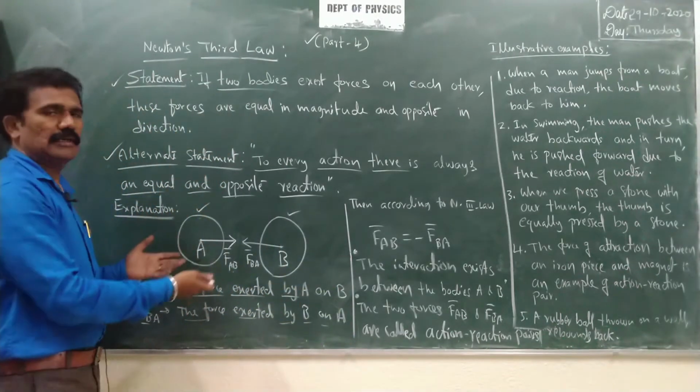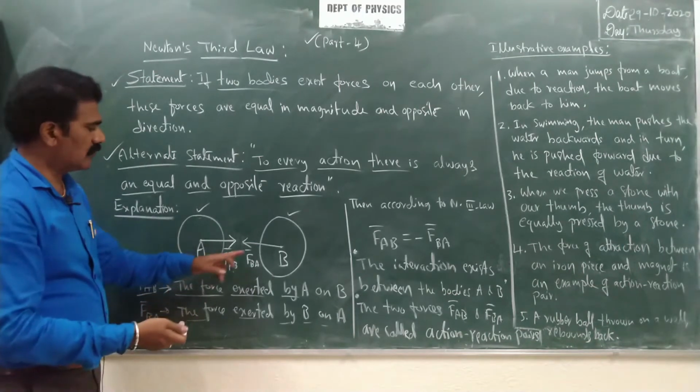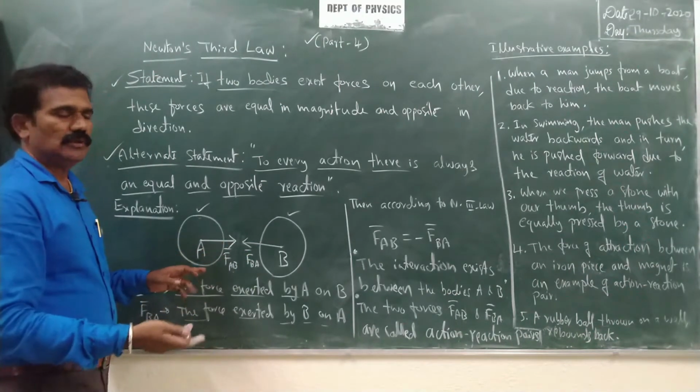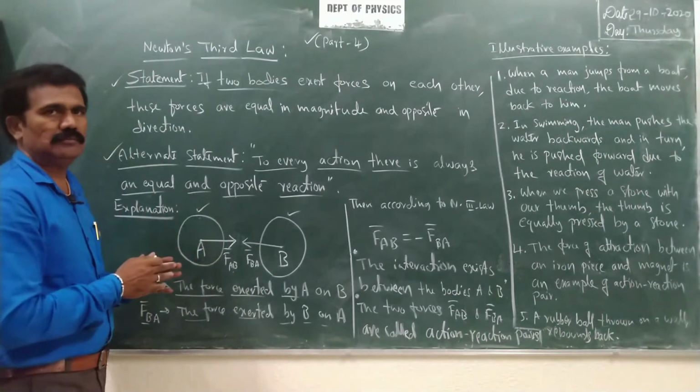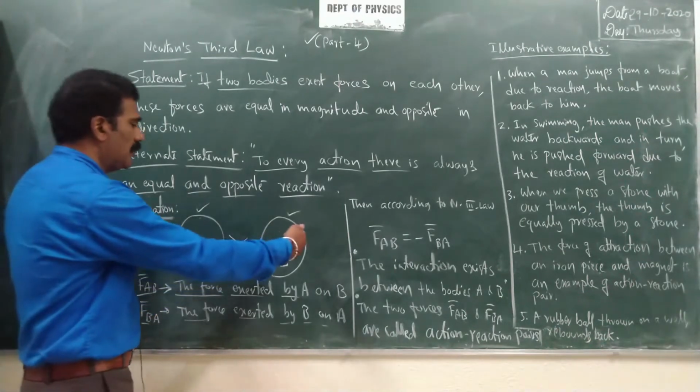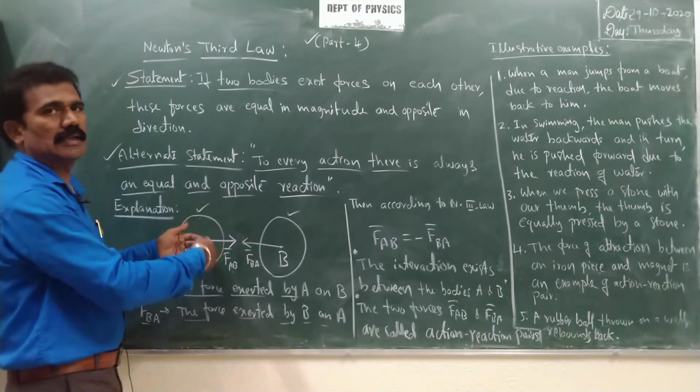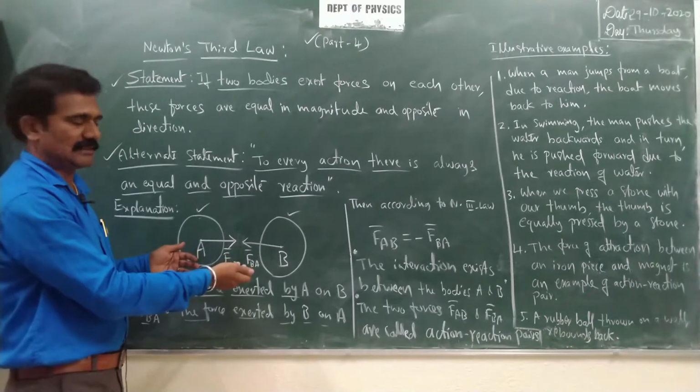Definitely we can understand that because forces are vector quantities, even though they are equal in magnitude but acting in opposite directions, we should consider the negative sign for at least one of them, right?